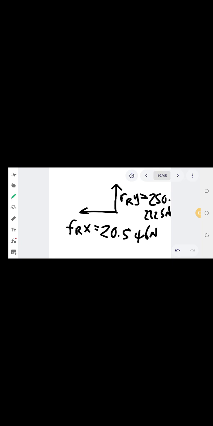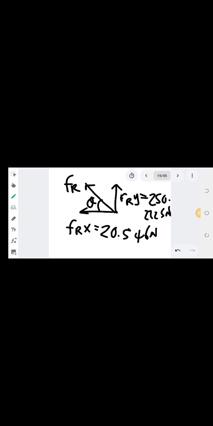So what I'm looking for is the resultant. So my resultant force will come out as this. So we have got this as FRY. So since this is my FRY, then the angle that I'm looking for, the direction, must be with respect to the X. So I'm looking for this as theta.